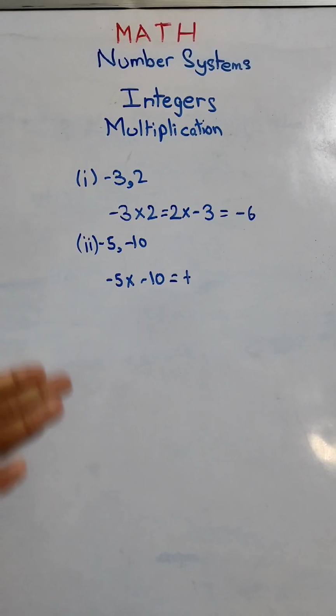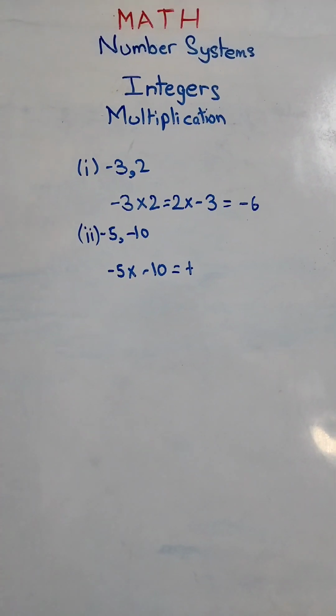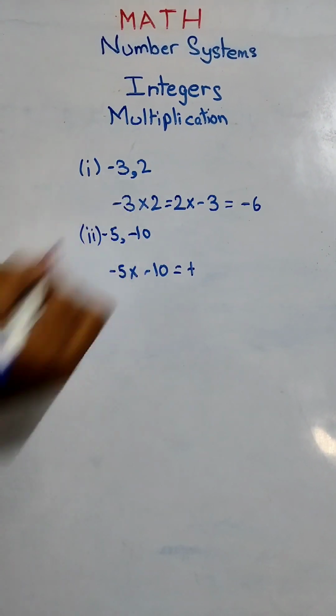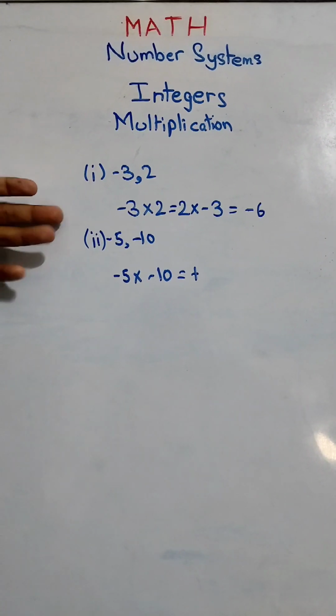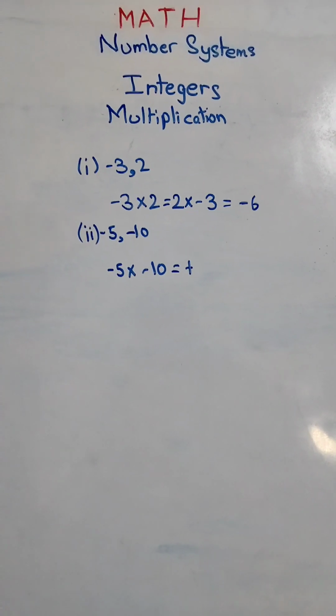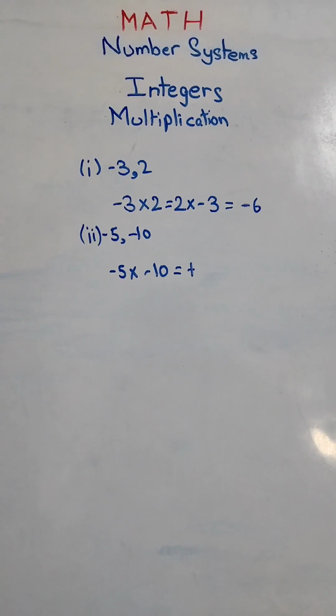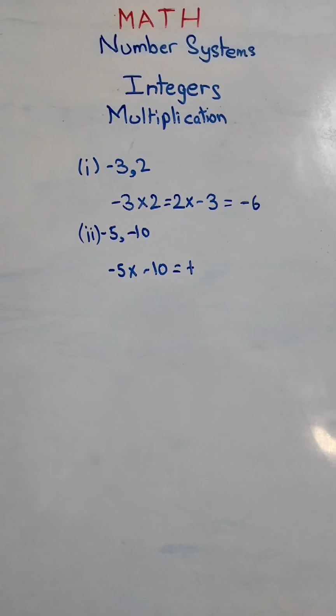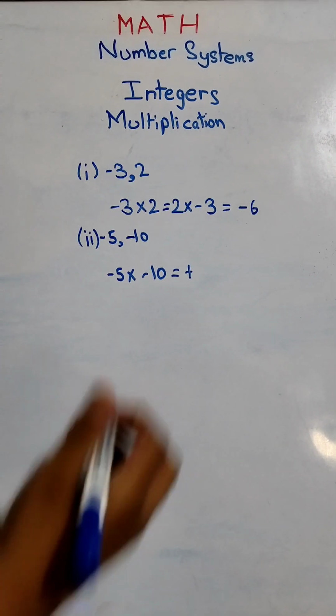In this case there's an even number, so the answer is positive. And if there is an odd number of minus signs, as in the first example, where there's only one minus sign, the answer will be a minus. It will be on the negative side.